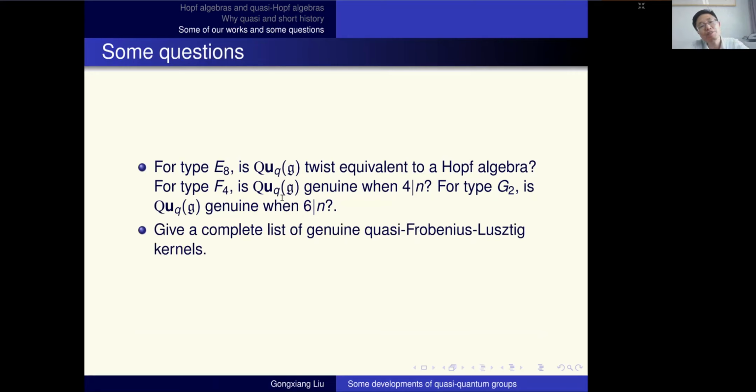So I pose a question here, but this question may not be so easy. Can you give a complete list of general quasi-Hopf algebras? Even though we construct them by generators and relations, I don't know the answer at this moment.